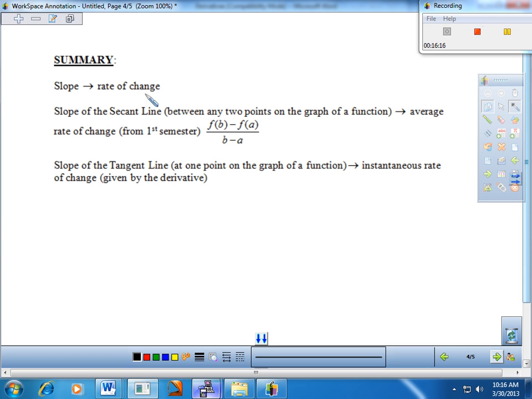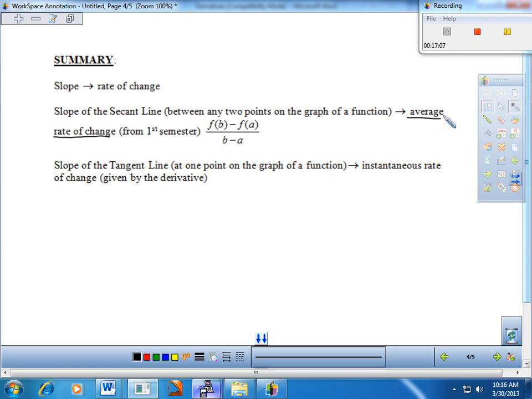Now from first semester in Pre-Calc 1, we talked about what is called the slope of a secant line. And that would be between any 2 points on the graph of a function. And as a matter of fact, the title of the notes worksheets when we found the slope of the secant line was what we called the average rate of change. So underline that piece, if you would, the average rate of change.